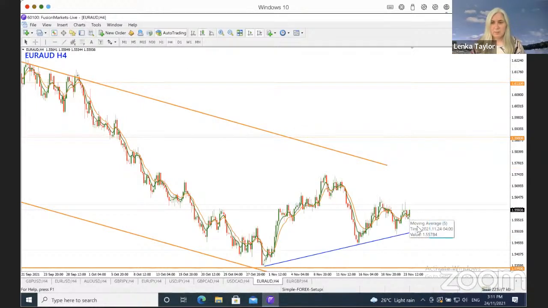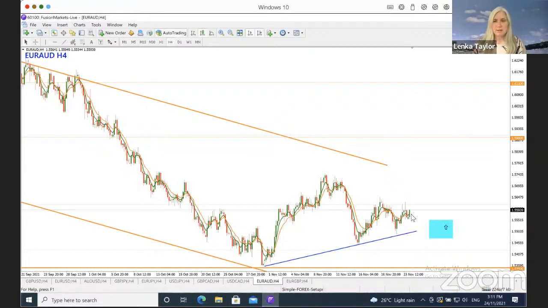So either a pullback all the way down to the trend line, or even all the way down to the horizontal, and then looking for a price reversal. Because at this stage, it is going sideways and it's unclear whether it's going to go up or down.